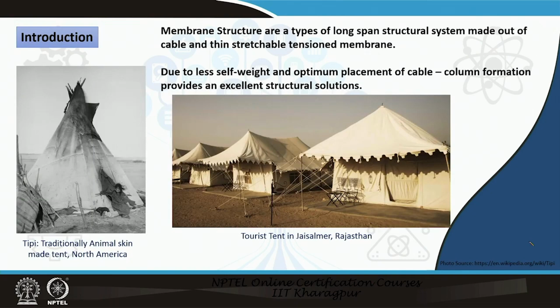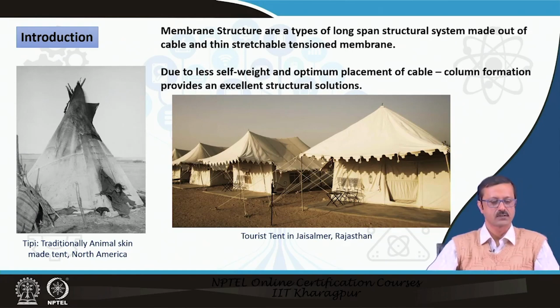Historically, this type of structural system has been adopted by people in different areas. There is a photograph of a teepee, a traditional house of the northern plains of America.